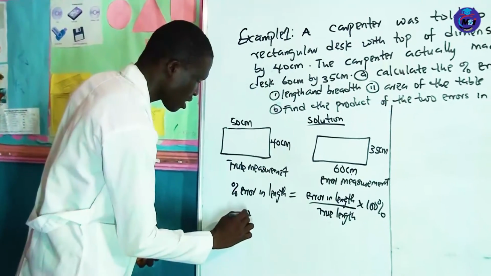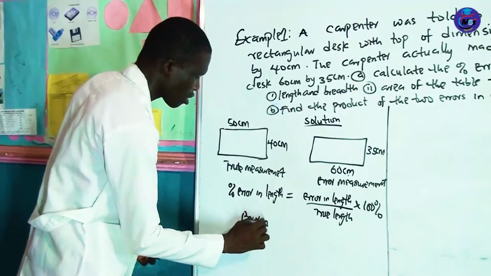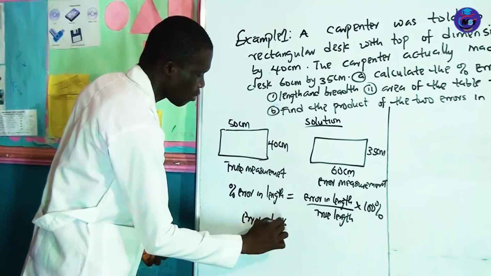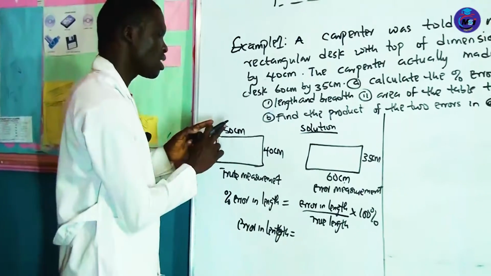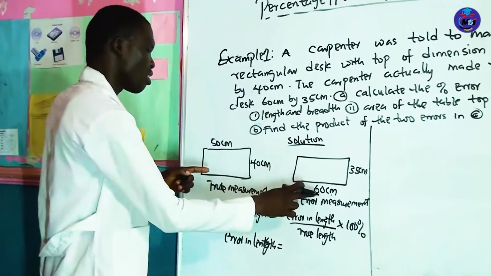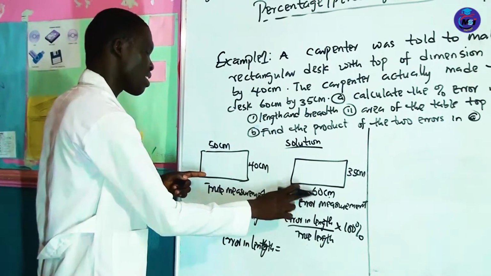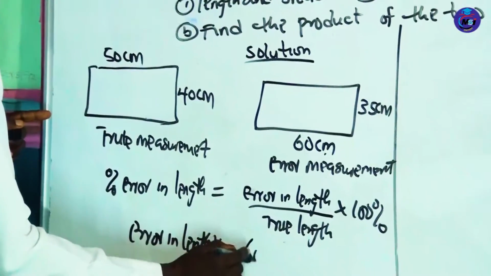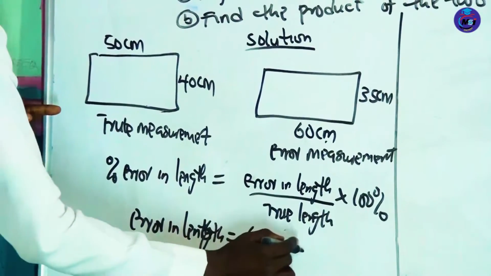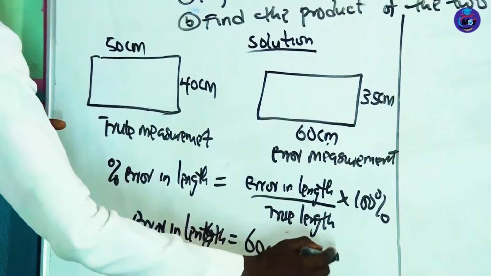Error in length will give us error length minus true length, which is 60 centimeter minus 50 centimeter.